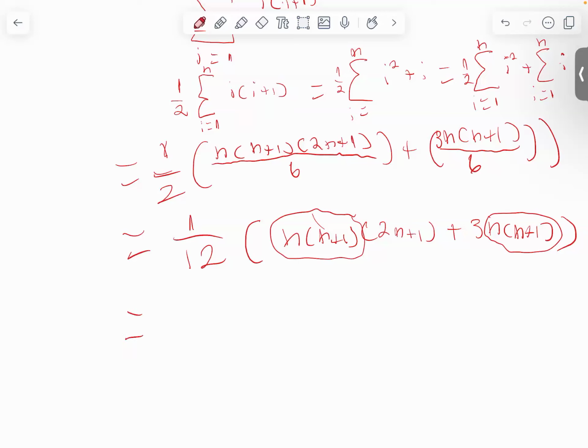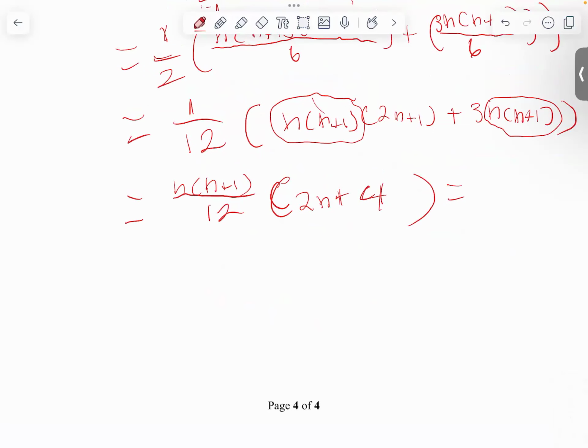We have n times n plus 1 over 12 times, since we pulled out both of the n times n plus 1, we just have 2n plus 1 plus 3, which is just equal to 2n plus 4, because 3 plus 1 is 4.